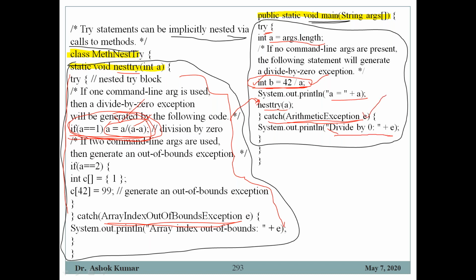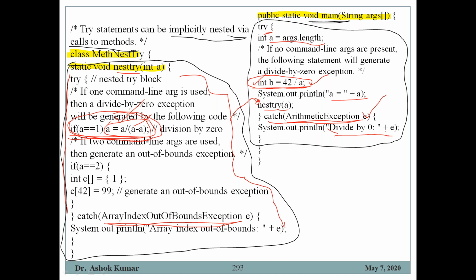The concept is the same. Whenever there is an exception generated in the inner try block, whether that inner try is physically there or it is created implicitly via the method call, first of all, the catch blocks that are part of the inner try block will be tested for a match.